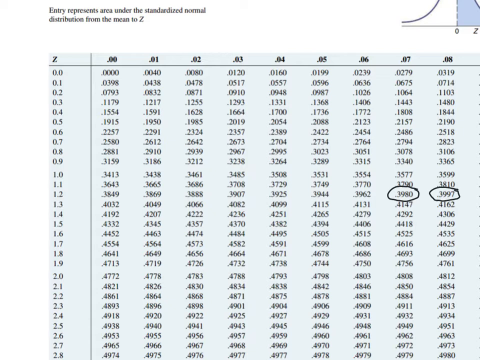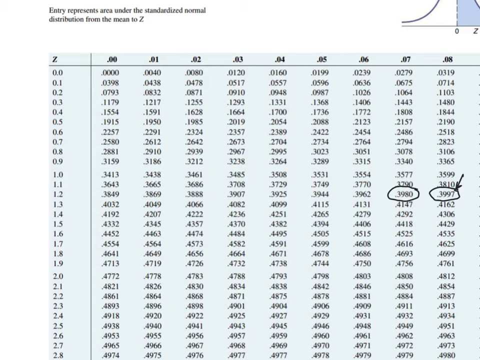If you jump down to the next line, it's 0.4032. So 0.4 is closest to that probability right there. And what is the z that corresponds to that? It's 1.28.